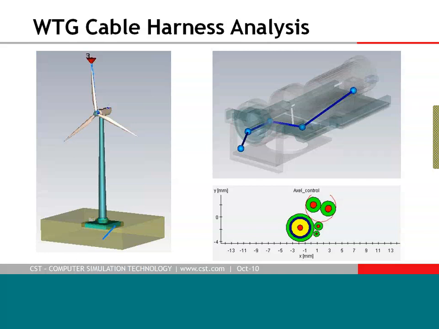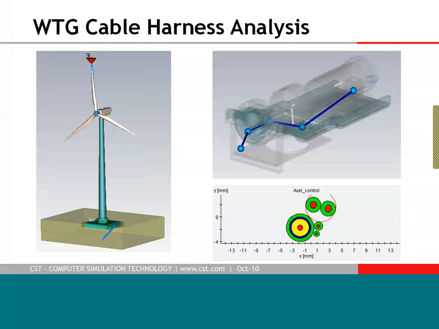We can now define a bundle of different cables inside. What you see here in dark blue is no longer a 3D wire, but represents a route where my cable harness is lying.